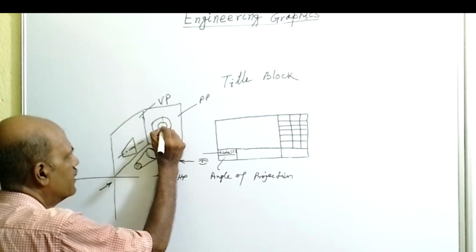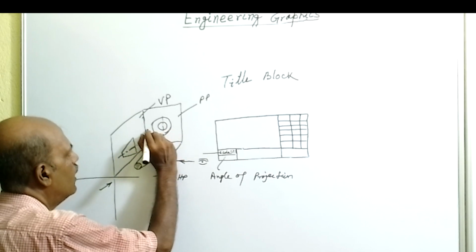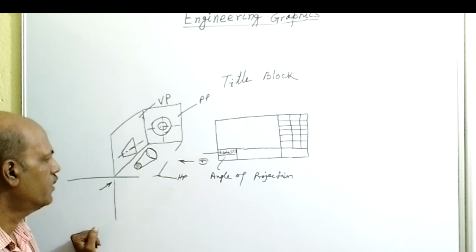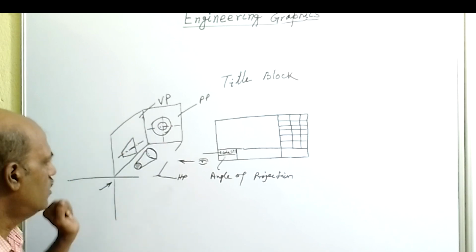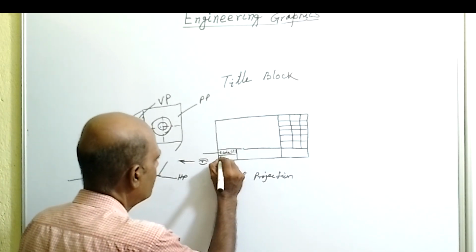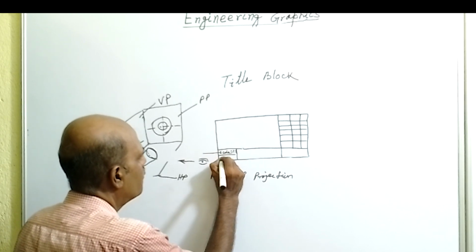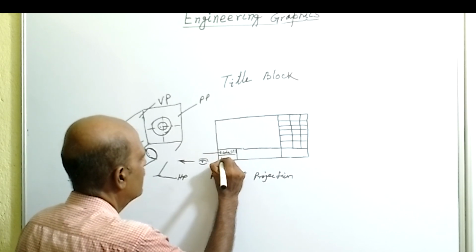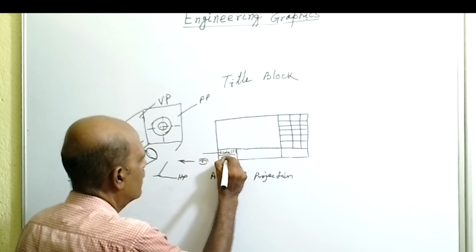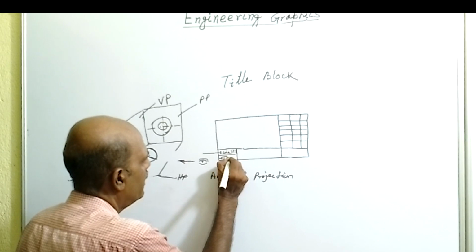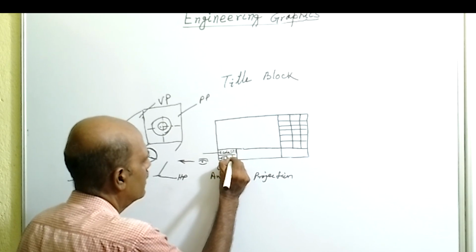As it is a circle, we have to put the center line from both sides. So here we have to place this symbol of angle of projection. Say this is your center line and this is the center line.